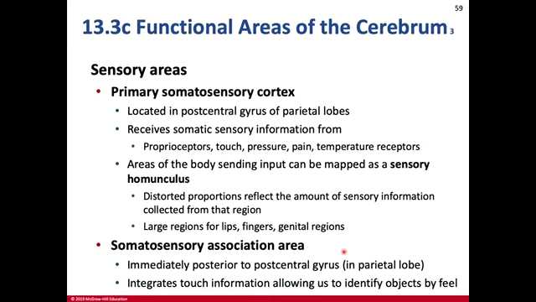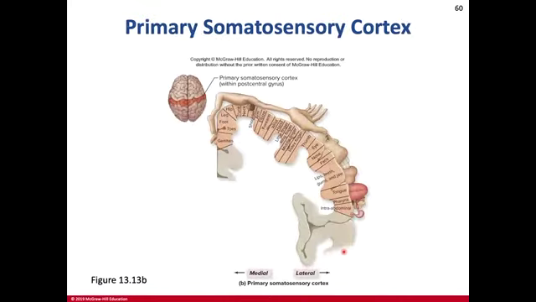So we use memory to give perception to our sensations that arrive at the postcentral gyrus, right? So when we're talking about a stimulus, it's always sensation first and perception second, right? Sensation is just something's happening, and perception is what exactly is it that's happening to us, and that's shaped by our memory. And so you can see here the somatosensory cortex. Both of these are frontal sections through the brain, right?